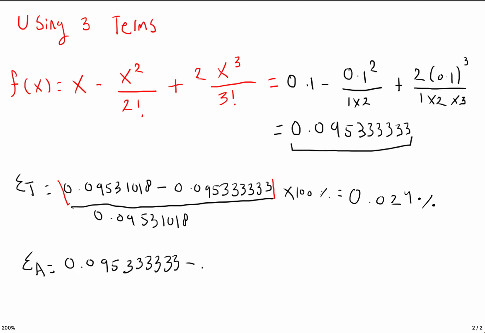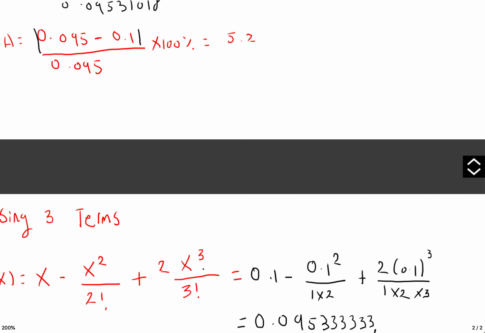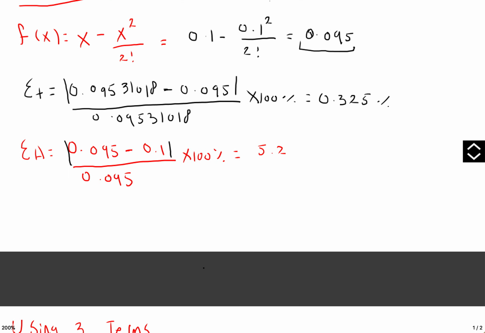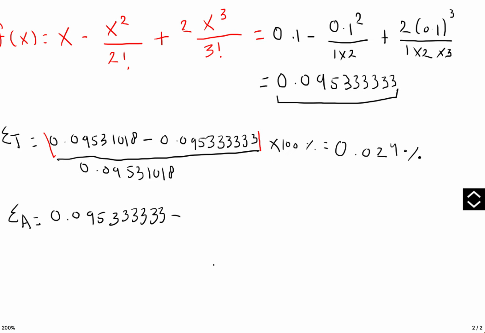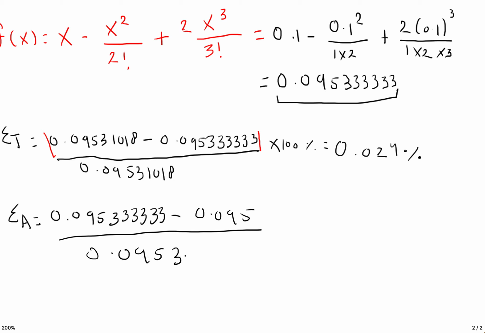And your previous one we found was 0.095. Okay, so 0.095, and then you just divide by the one you're currently on, multiply by 100, absolute value here.